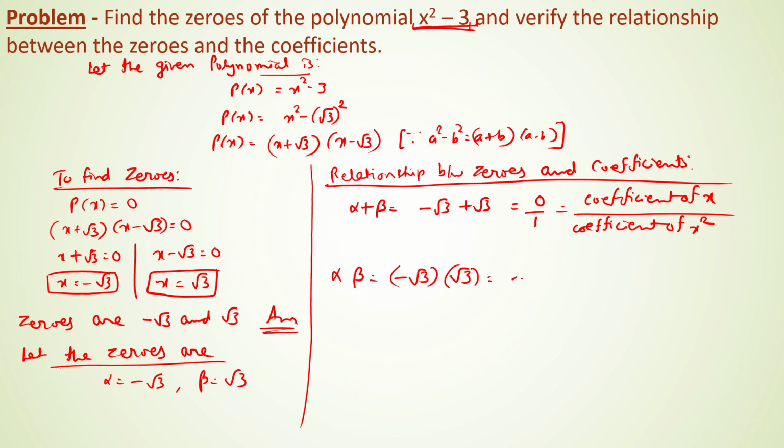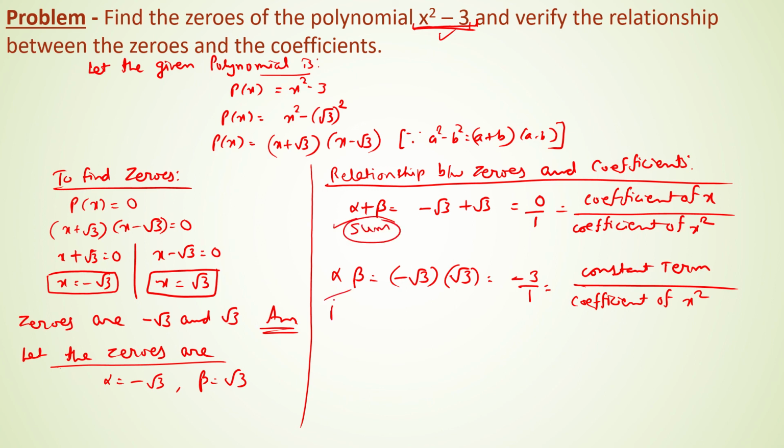That means we will get minus 3 upon 1. Now see again the polynomial. Minus 3 is the constant term of the polynomial and 1 is the coefficient of x square. So the relationship has been established. This was the sum of zeros and this is the product of zeros, and hence the relation has been verified.